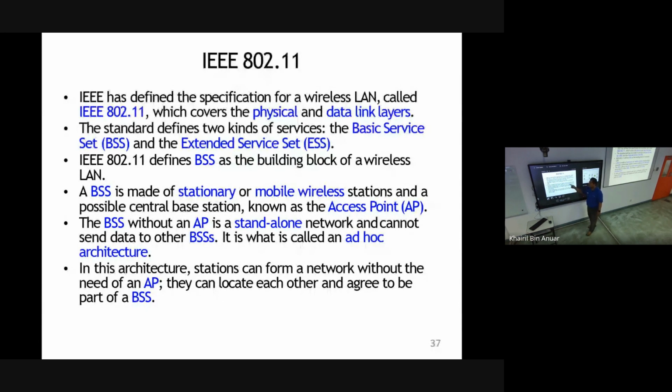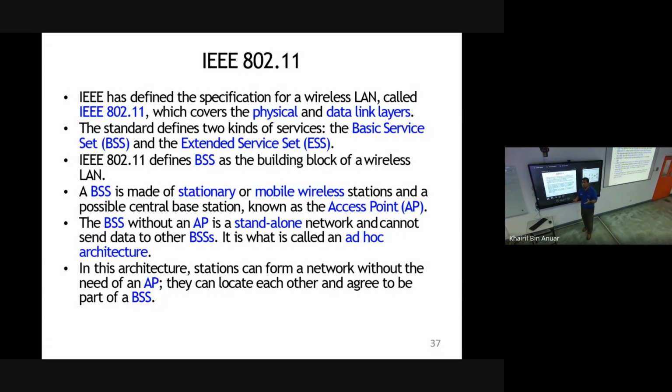So 802.11 defines the BSS as the building block of a wireless LAN. As I mentioned, it consists of stationary or mobile wireless stations and also an access point. So we need this access point to communicate.